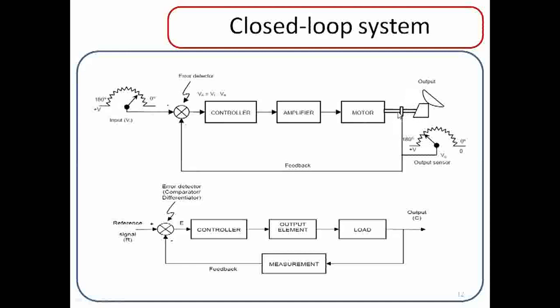Whether that speed has increased or not will be verified with the inspecting device. Here the inspecting device may be a tachometer. The tachometer will be connected to the motor shaft, and that will give a feedback signal to the error detector. So the input condition here is that the motor rotation needs to be maintained at 300 rpm.